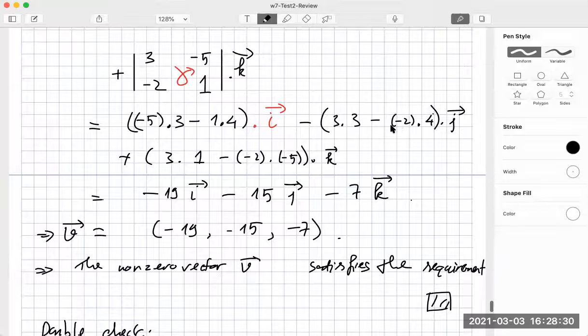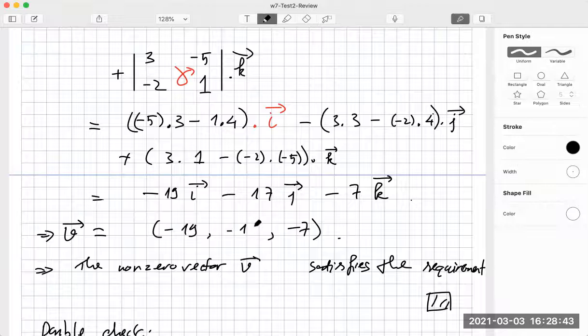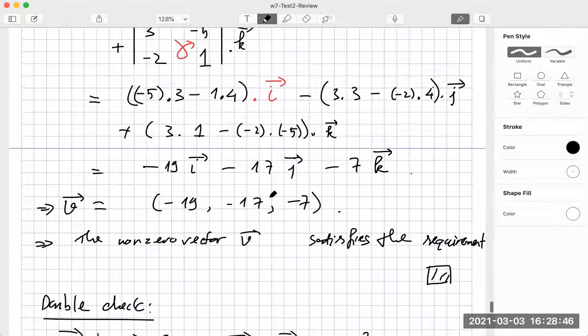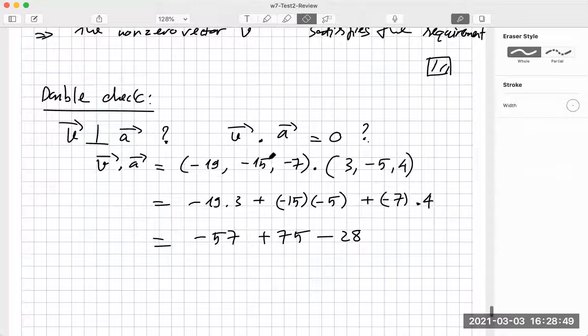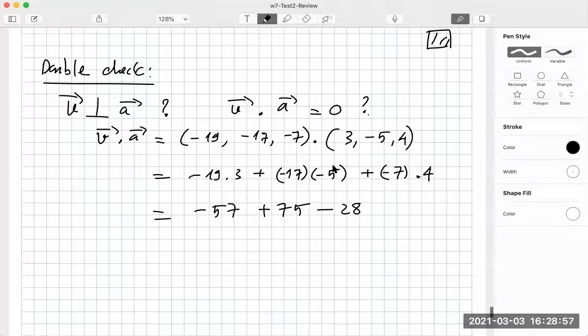This is 9 plus 8, which will be 17. Yeah, my bad. Okay, this is 17. We made a mistake here, so be careful in the test. 17 times 5 will be 85. Yeah, it is 0.